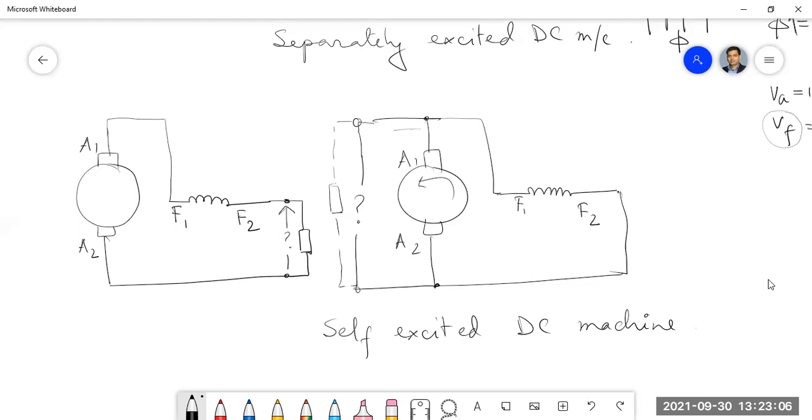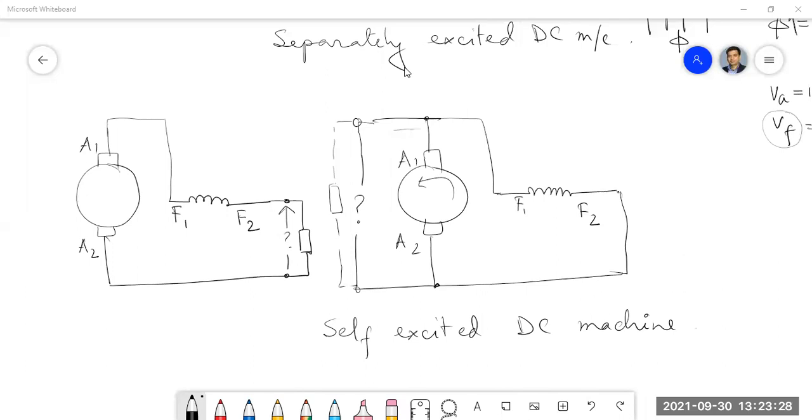Have you understood the difference? So one is series connection and one is shunt connection. One is the parallel connection or shunt connection, another is a series connection.